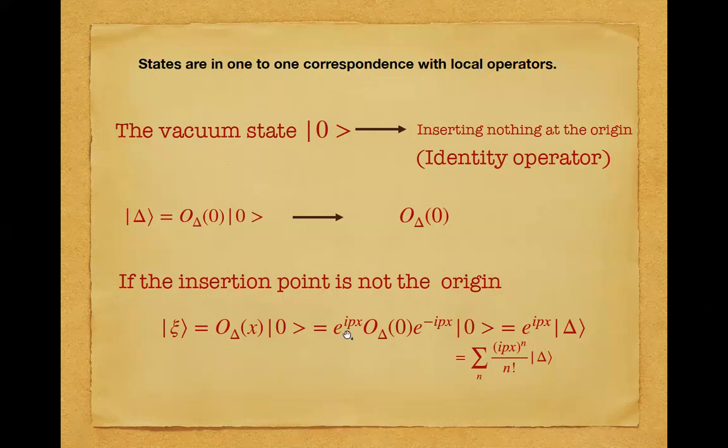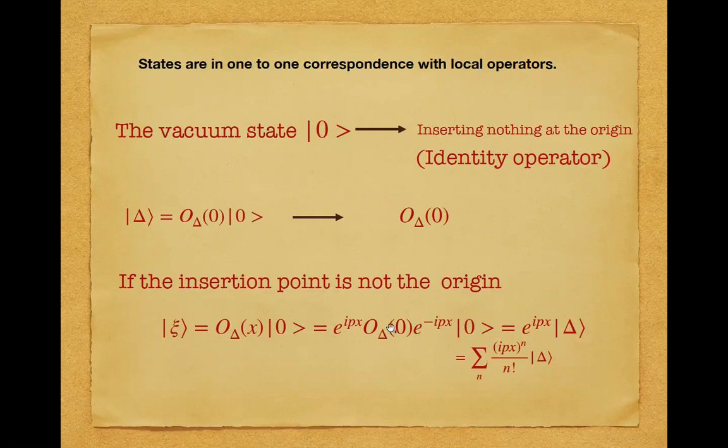So for example, you can write down this O delta X in this form. Now e to the power minus iPx acting on the vacuum will just give you back the vacuum, because the vacuum is invariant under the momentum generator, so it is translation invariant.